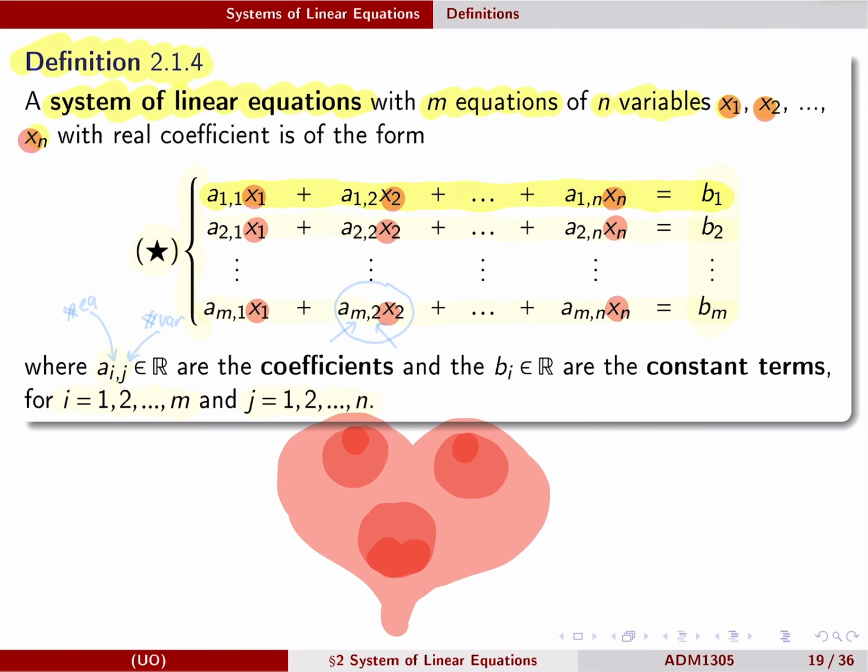My second equation is a21x1 plus a22x2 plus etc. a2n xn equal to b2. And you do this m times, m like mommy. Okay, so am1x1 plus am2x2 plus etc. amn xn is equal to bm.